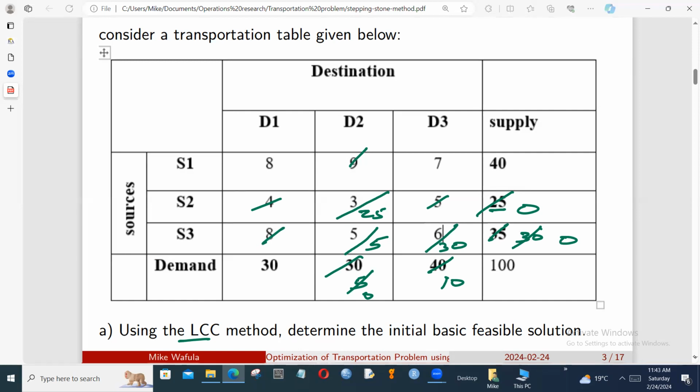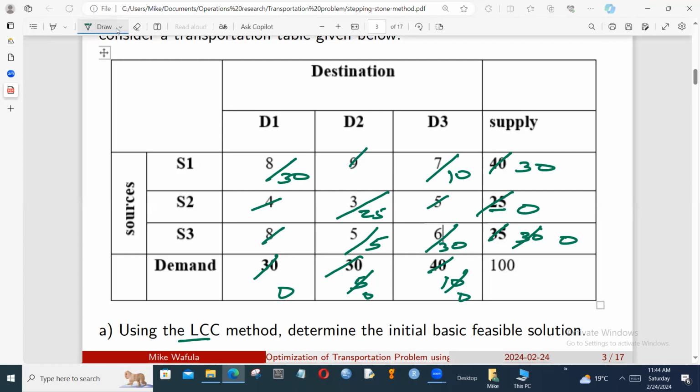Then from here now you remain with 8 and 7, so that means you'll allocate this cell first with 10, so that now you'll have destination 3 satisfied, but source 1 remains with 10 more, which will actually be assigned to this cell 1, 1, so that we are able to meet the demands of all the 3 destinations and all the sources being able to supply all the units they can offer.